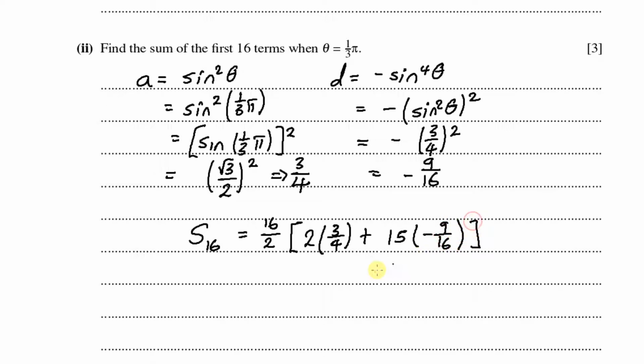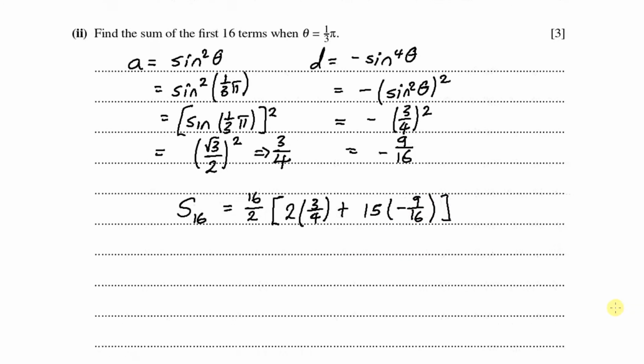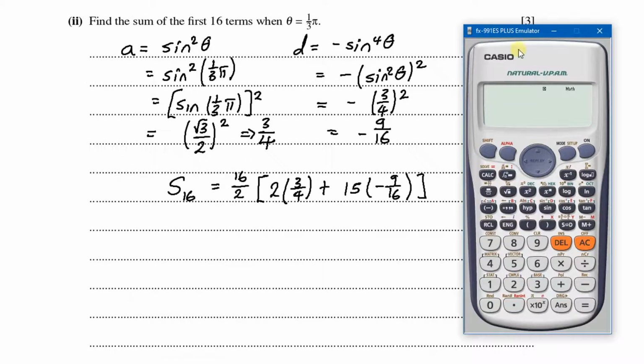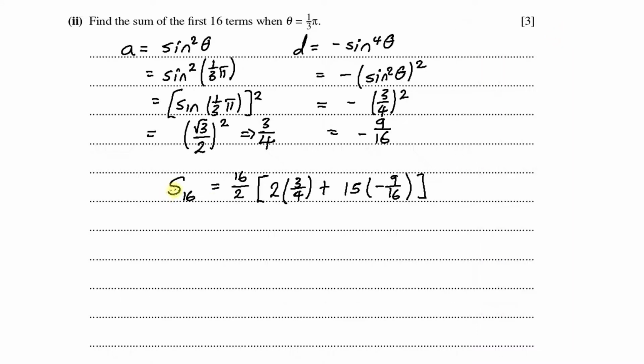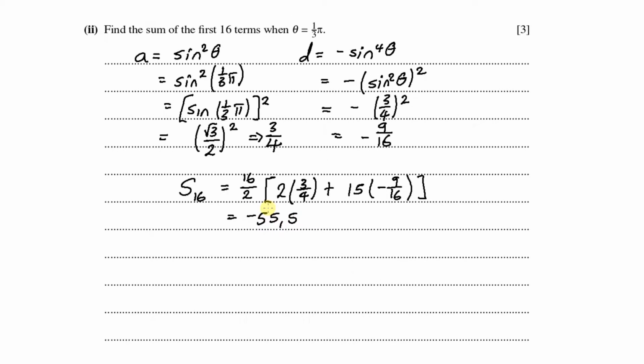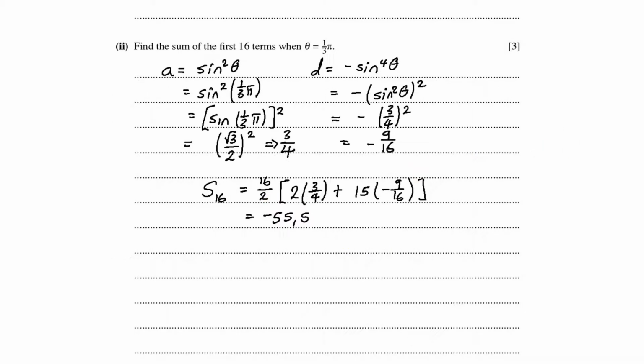So this is what we now have. We can just use the calculator for this. Let me do a quick working. And here I'm going to get minus 55.5. So the sum to 16 terms is minus 55.5, and that's the answer we're getting for part 2. And that's it for this question.